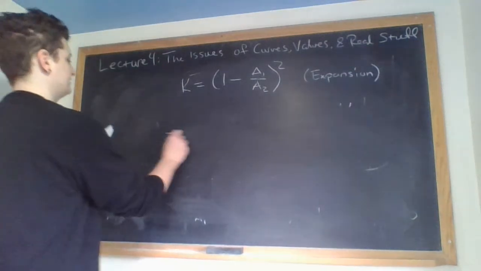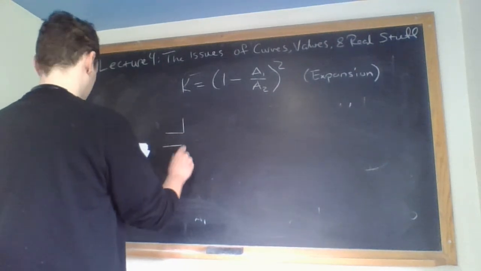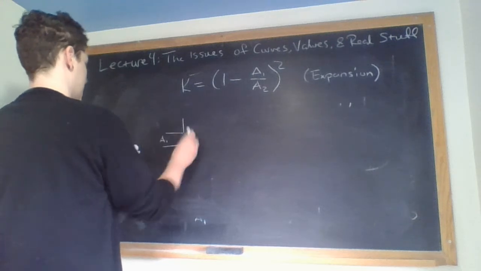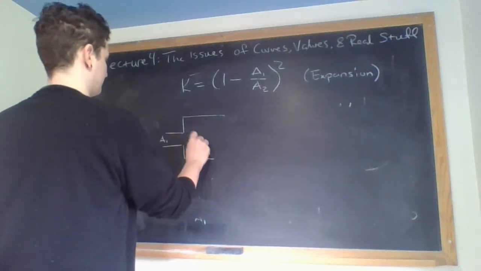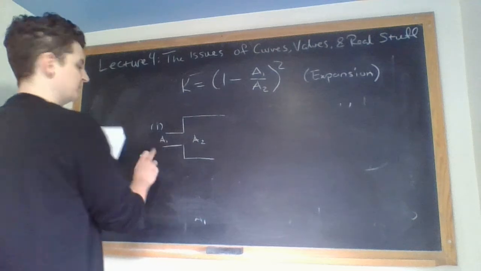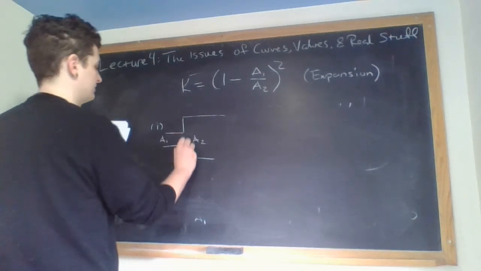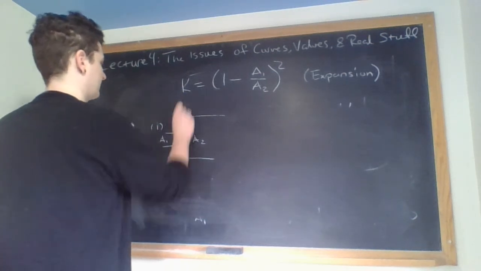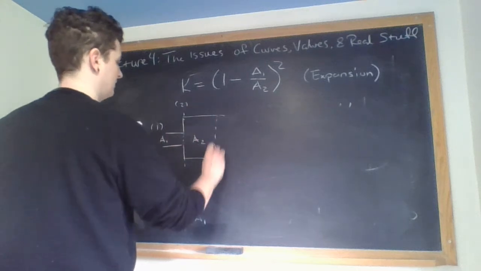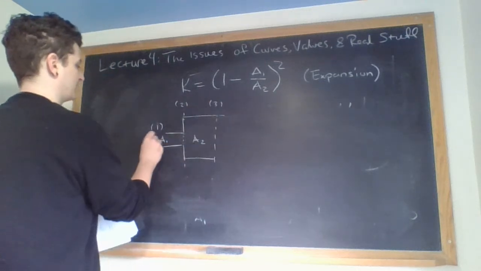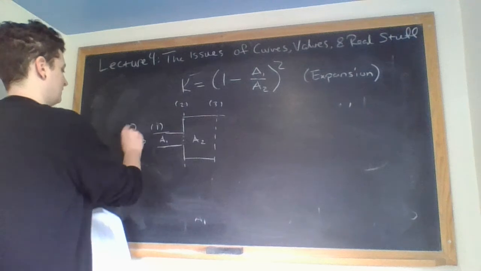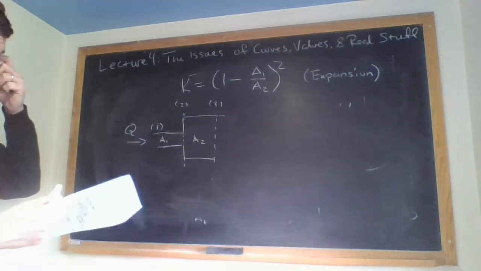And you can actually do it as an exercise where you have A1 going into an A2. You label sort of before I hit the change. We have this layer here I'll call 2, and then you'll have section 3. Flow rates going into this expansion.